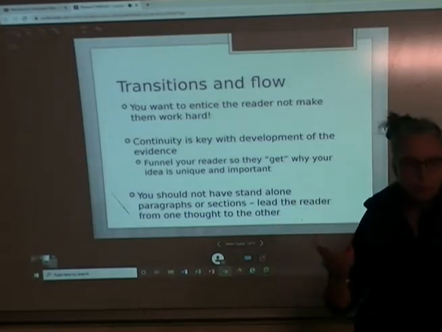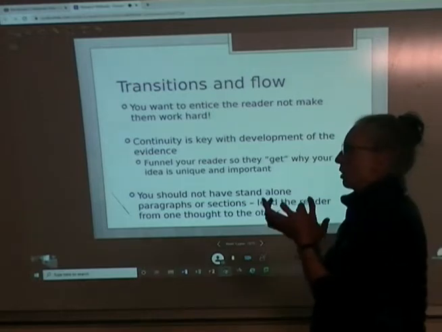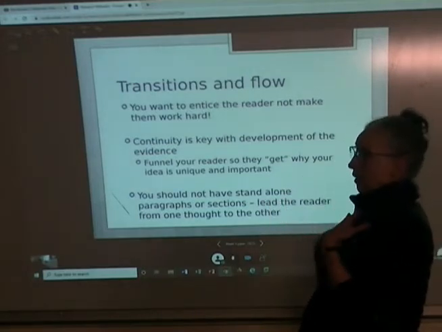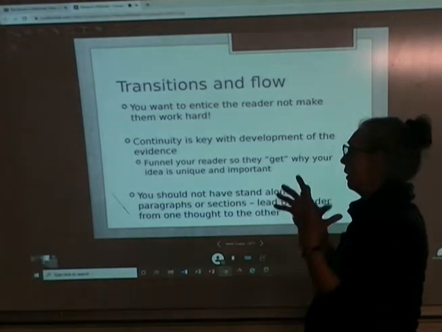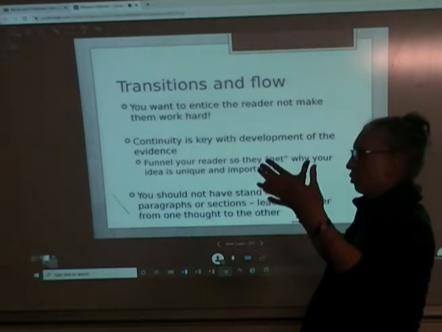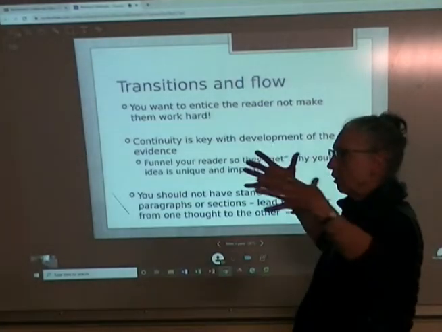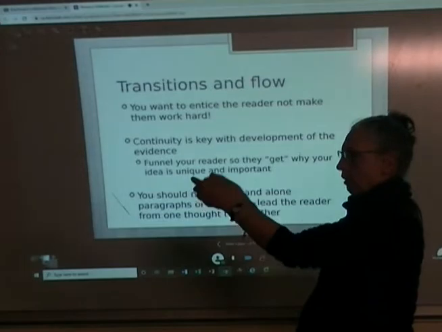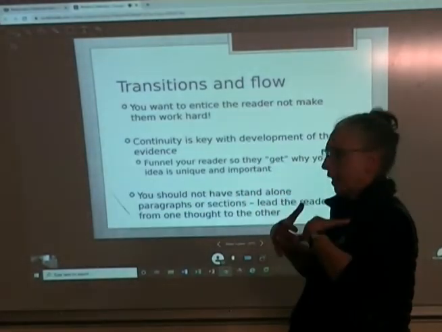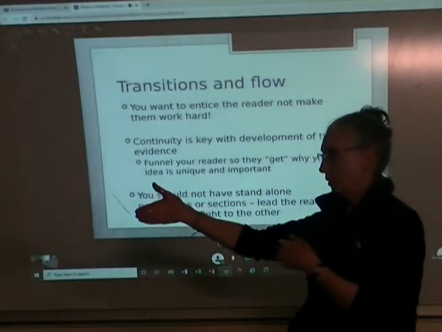So I always like to use an idea that I was taught in my research classes at Auburn, is that you want to try to funnel your reader in to your final point, right? So in our case, our final point would be our purpose statement.